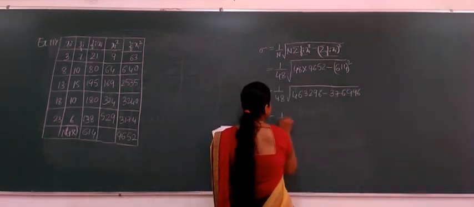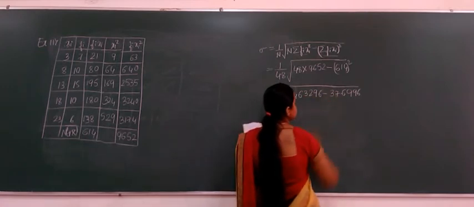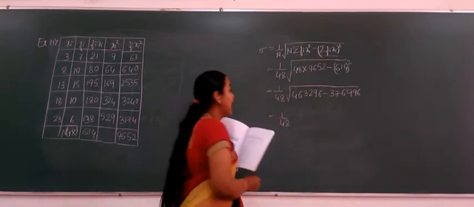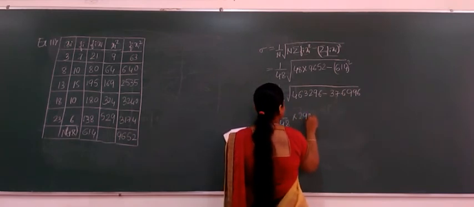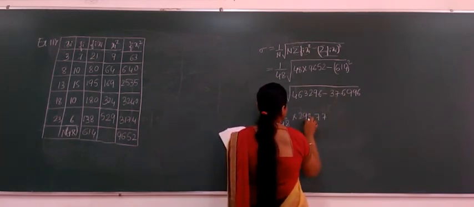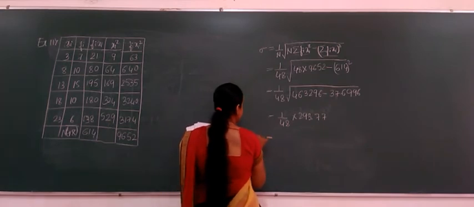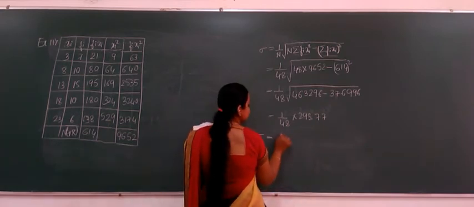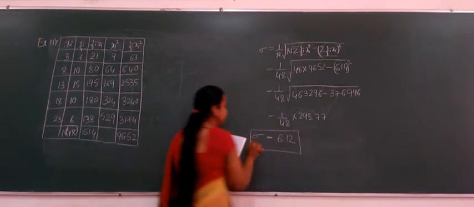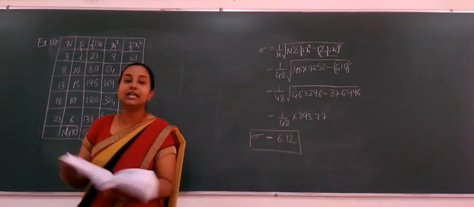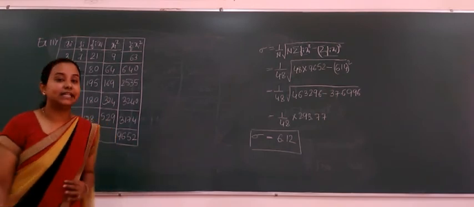So it is 1 divided by 48 into this subtracted value, and its square root will turn out to be 293.77. So this divided by 48 will give us the standard deviation as 6.12. I hope everyone has understood how to calculate standard deviation directly, right?